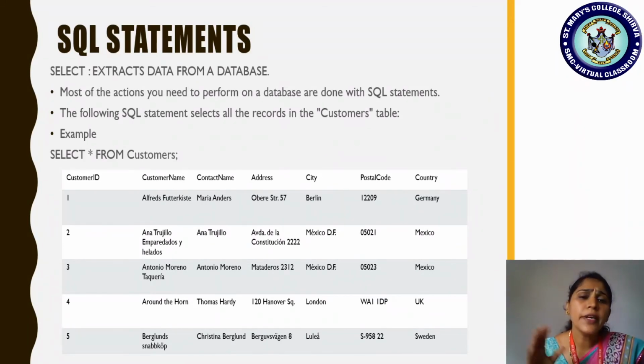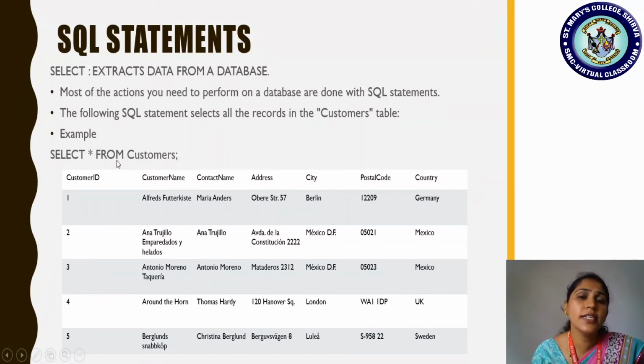Suppose you are not looking for a particular customer, you want to view all the customer details. How do we view all the data stored in the table? We use a command like this: select asterisk symbol from customers.